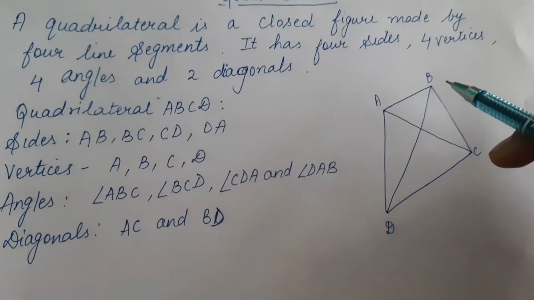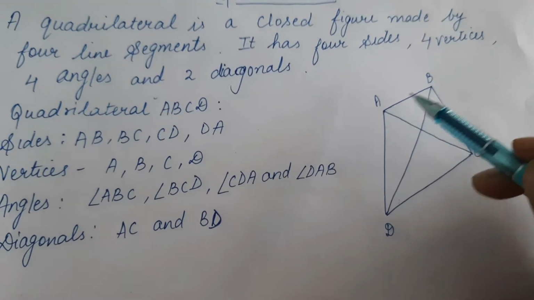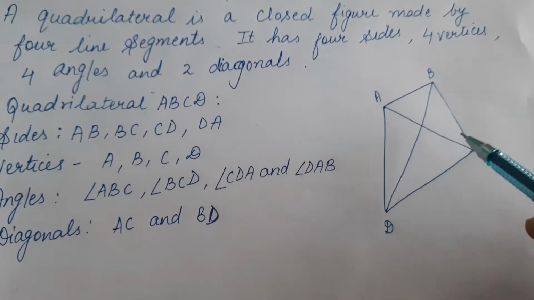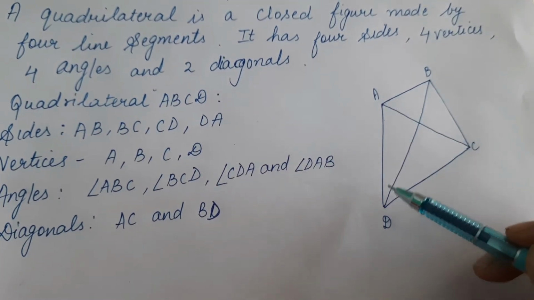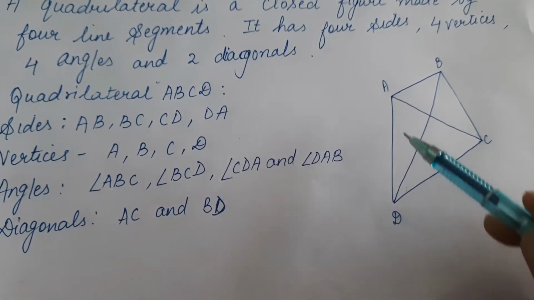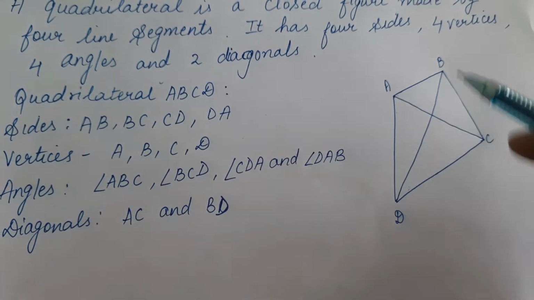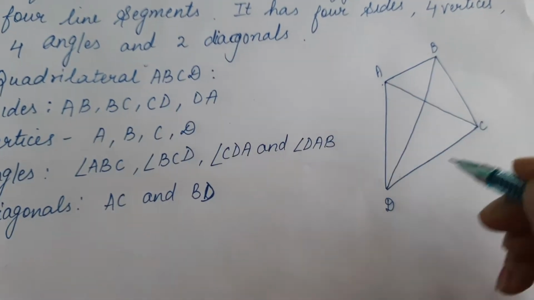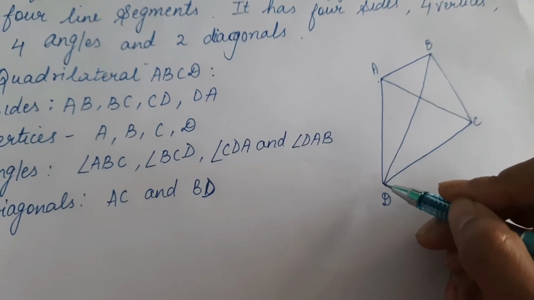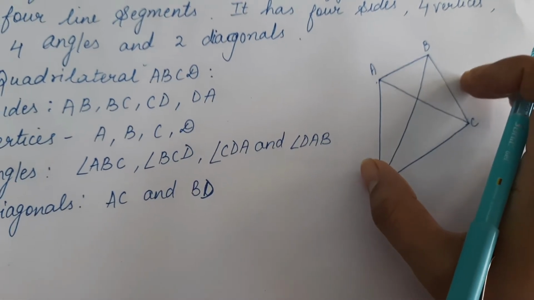In this quadrilateral ABCD, the sides are AB, BC, CD and DA. These are the sides of quadrilateral ABCD and the vertices are A, B, C and D. These are the vertices of quadrilateral ABCD.